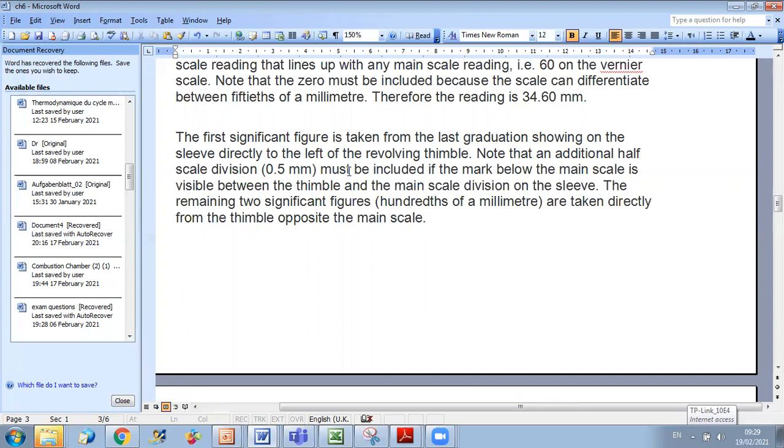Note that an additional half-scale division must be included if the mark below the main scale is visible between the symbol and the main scale division of the sleeve. The remaining 2 significant figures, which correspond to hundredths of a millimeter, are taken directly from the symbol opposite the main scale. I will explain this here in detail.